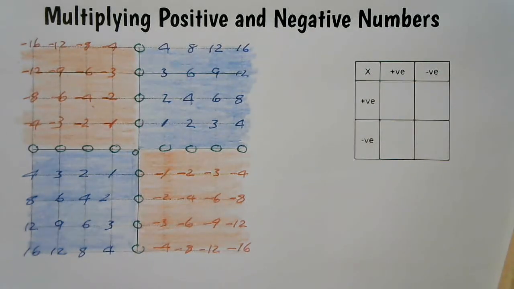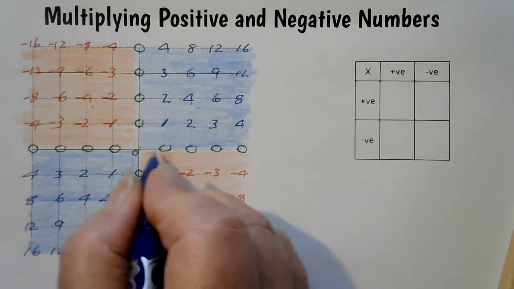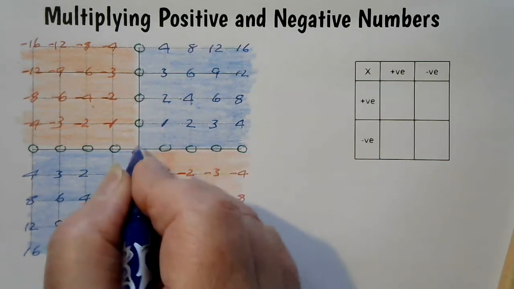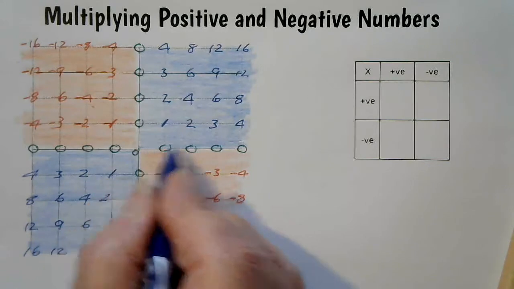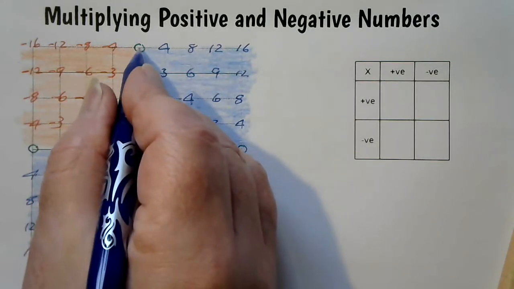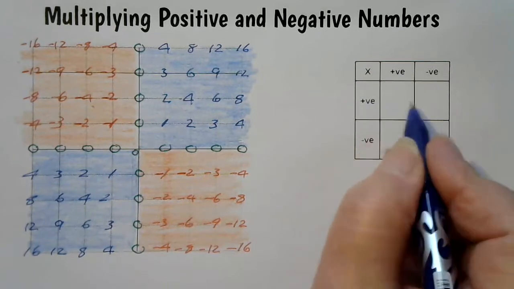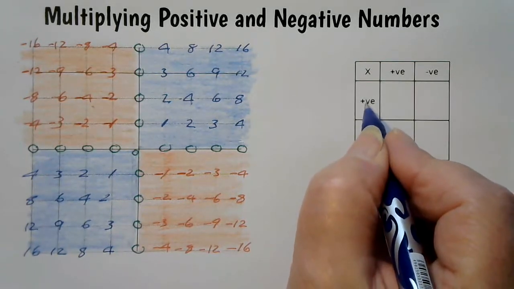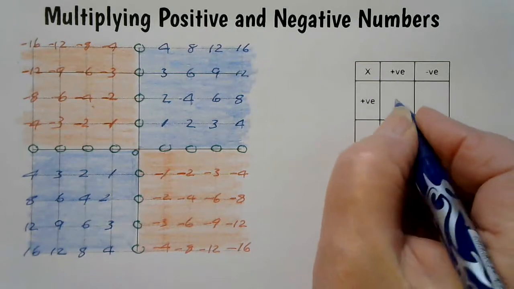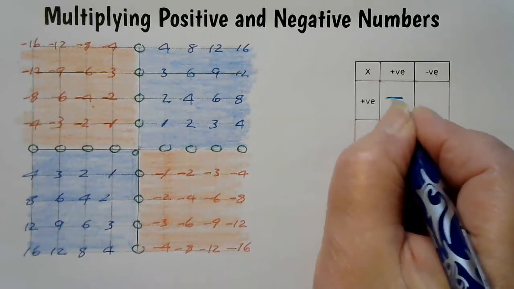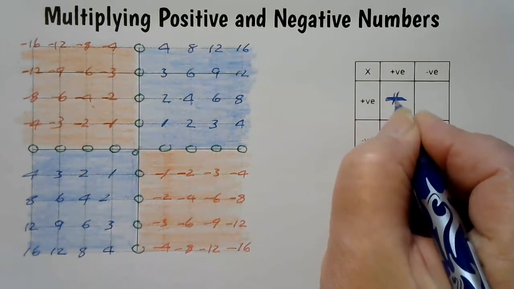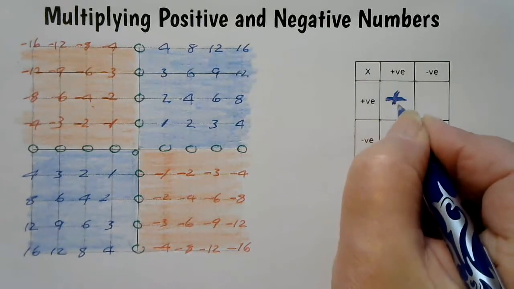So what we can notice now is we've got positive here, positive here, positive multiplied by positive gives me positive. So I can fill this little table in. Positive multiplied by positive gives me positive.